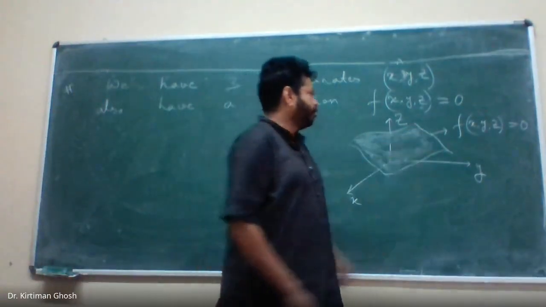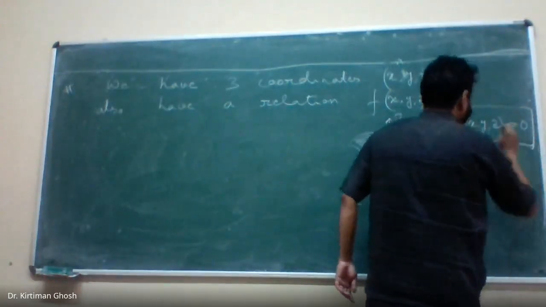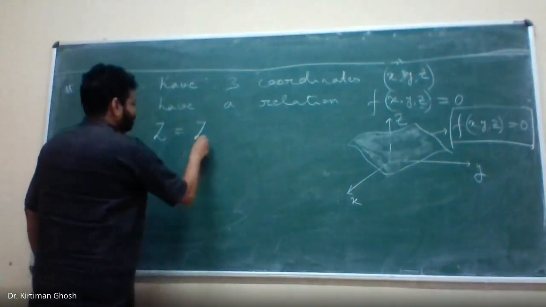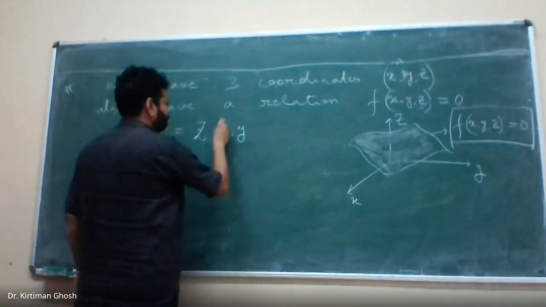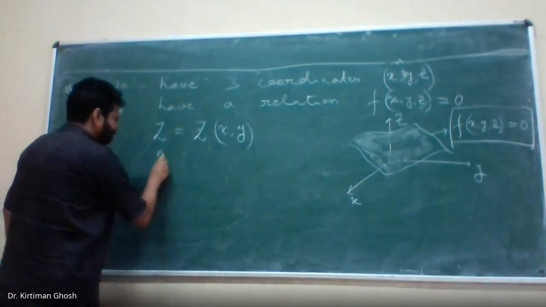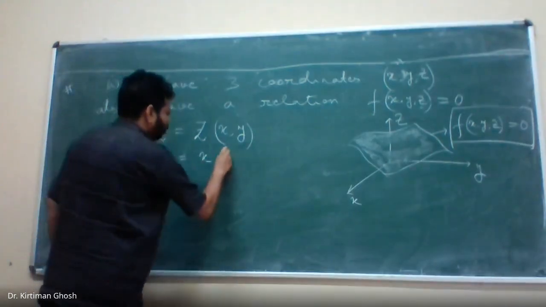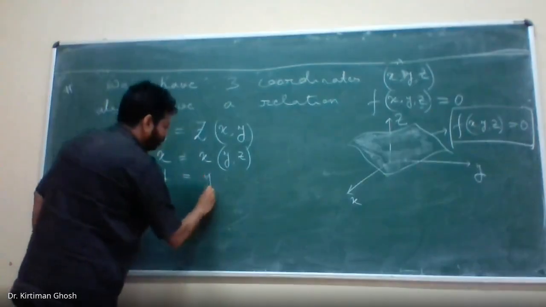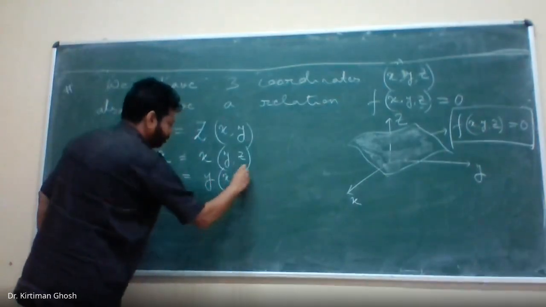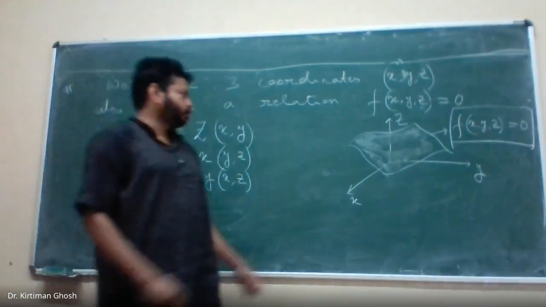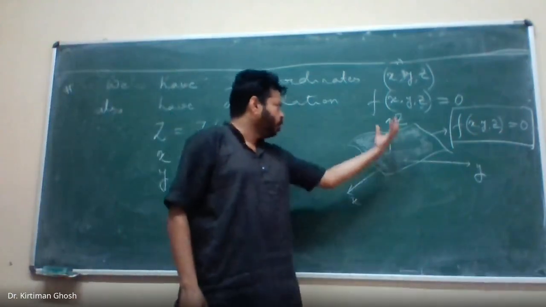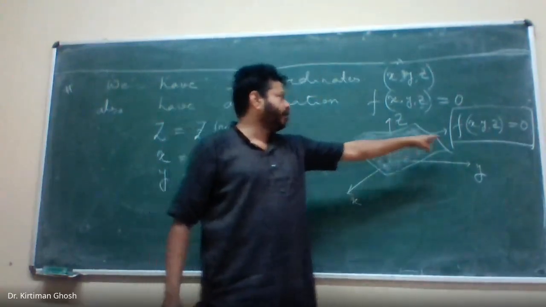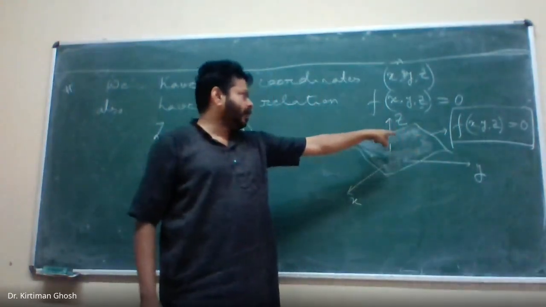In this case, instead of writing this equation, I can write z as a function of x and y. Or I can write x as a function of y and z. Or I can write y as a function of x and z. The thing is from which direction you are looking. If I take x and y as independent coordinates, then the consequence of this equation is z is a function of x and y.